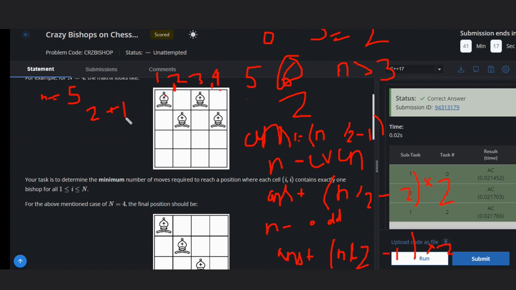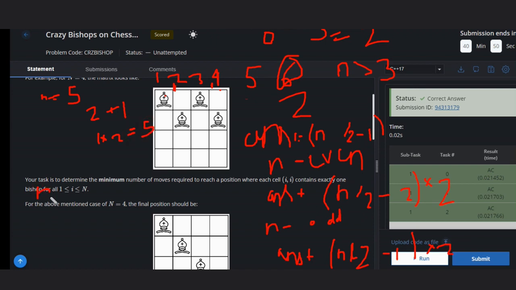And here n is odd, so we add (n by 2 minus 1) cross 2. n by 2 is 2, minus 1 is 1, 1 cross 2 is 2. So the final answer will be 2 plus 1, 3, plus 2, equal to 5.